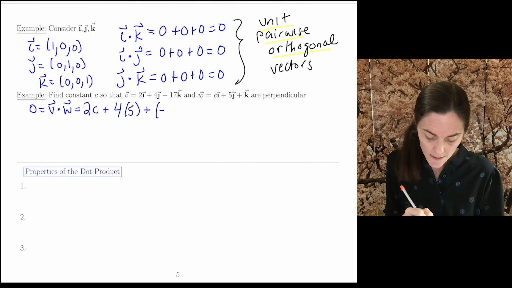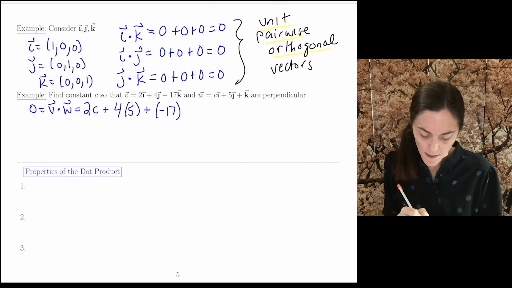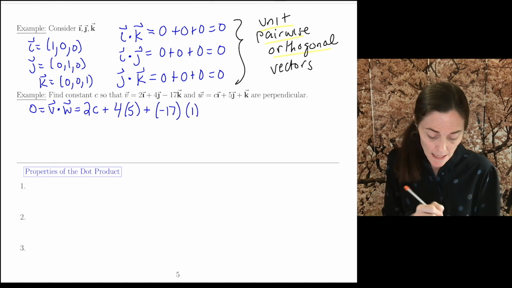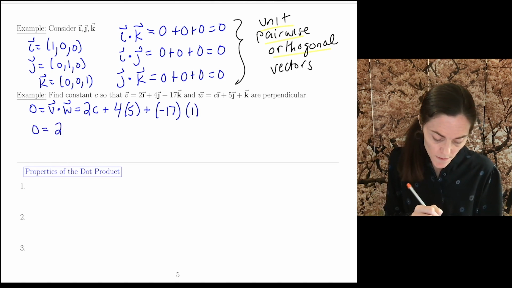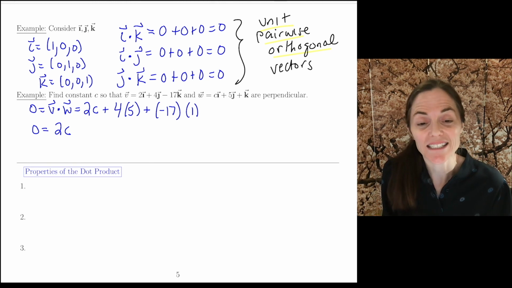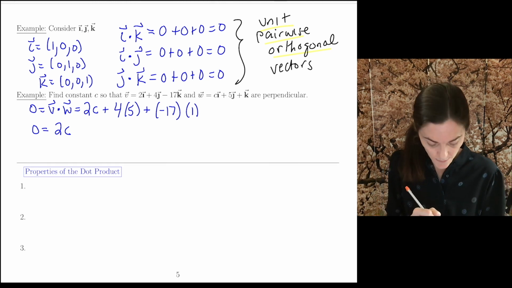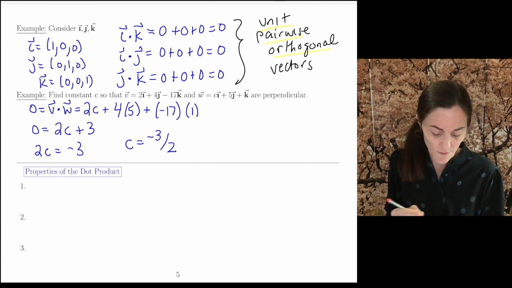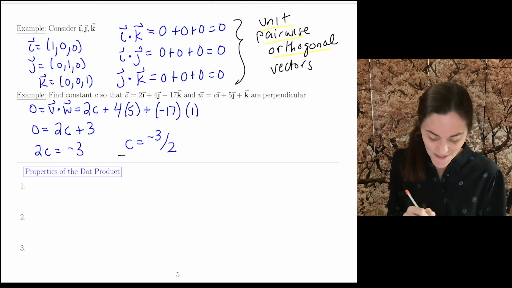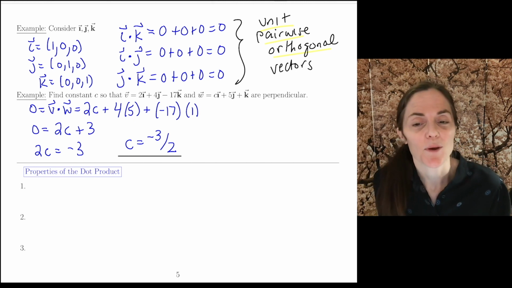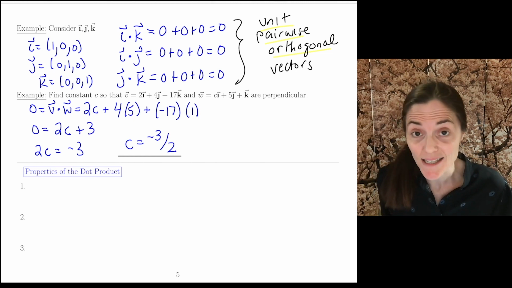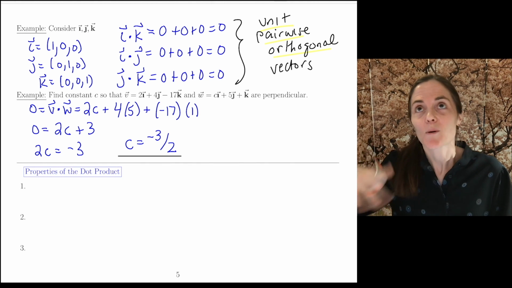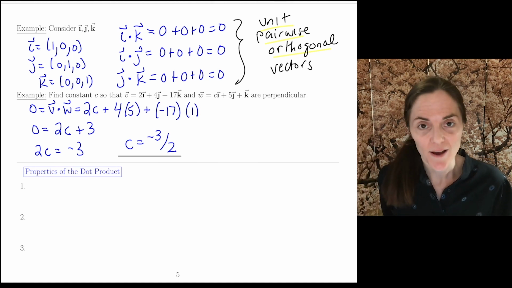And plus, this is minus 17 times 1. Okay, so we get 0 is 2c, then we have 20 minus 17. This is plus 3. 2c will be minus 3. And we get the constant is minus 3 over 2. For this value of c, we would have V and W perpendicular. And it just uses that V and W are perpendicular provided their dot product is 0.